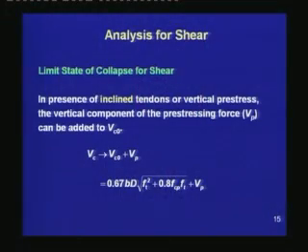In presence of inclined tendons or vertical prestress, the vertical component of the prestressing force Vp can be added to Vc0. Thus, the code says that we can add Vp to Vc0 and the total strength can be considered as 0.67 b D root over ft square plus 0.8 times fcp times ft.